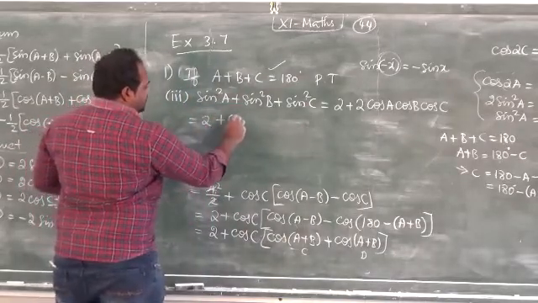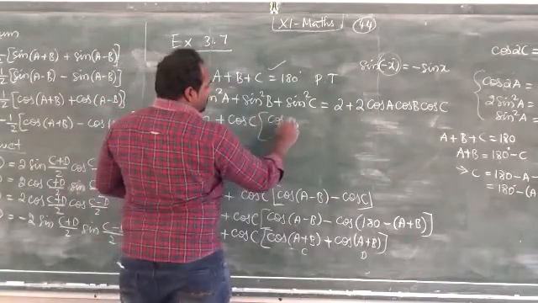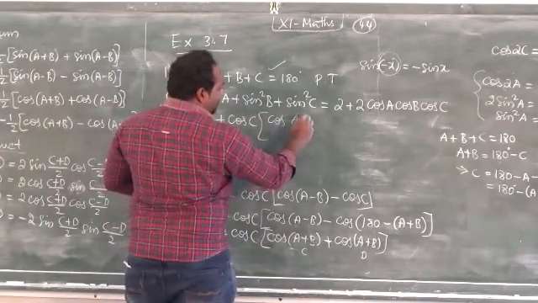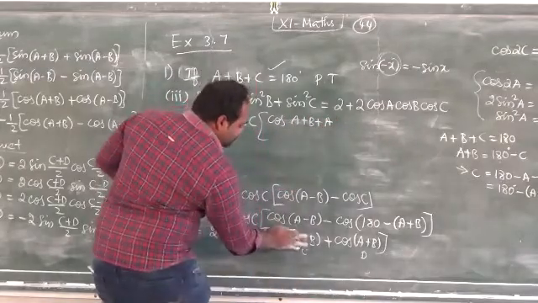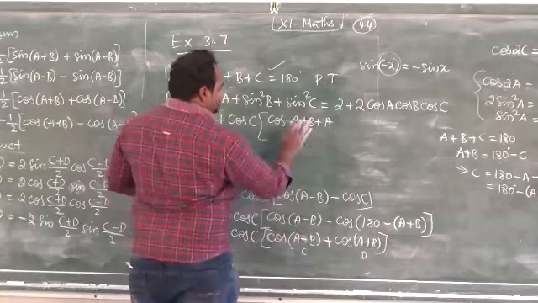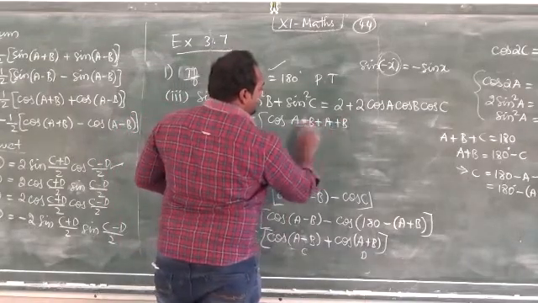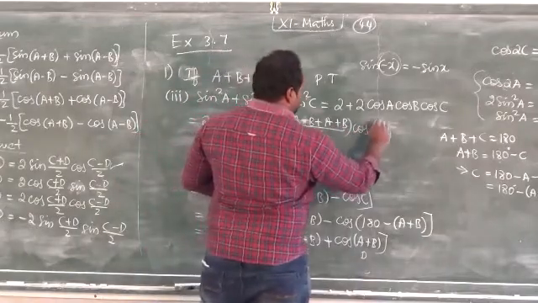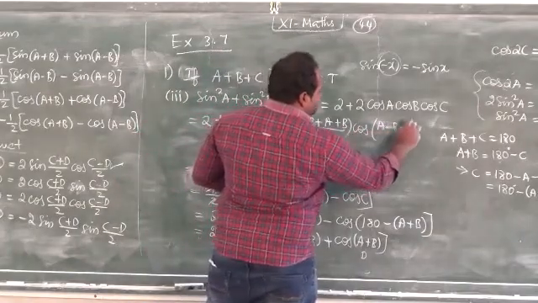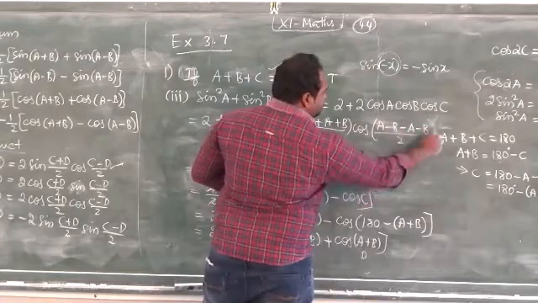So 2 plus cos c into cos of (a minus b) plus (a plus b) by 2, cos of (a minus b) minus (a plus b) by 2.